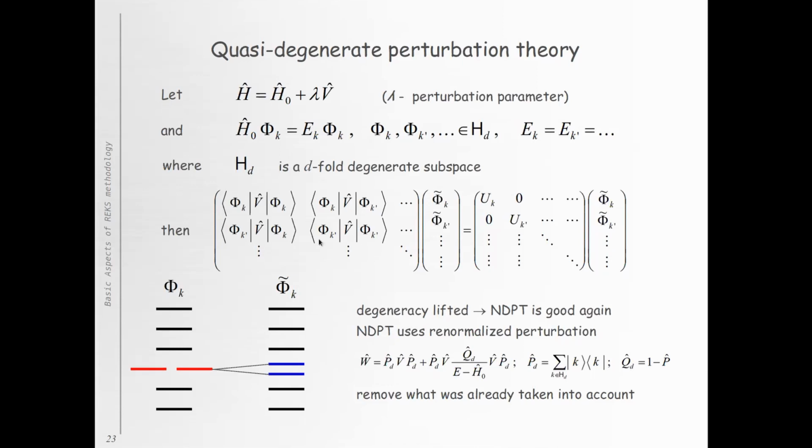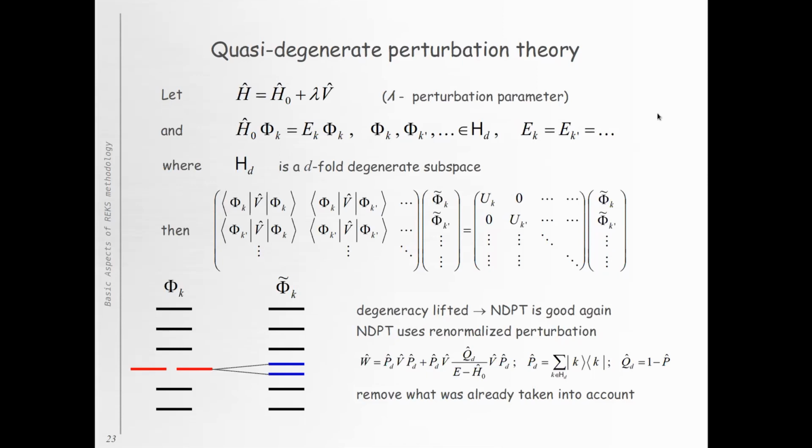Right, so quasi-degenerate perturbation theory is based on a very simple concept. We build a Hamiltonian matrix involving only degenerate components of the approximate mean field wave function, diagonalize it, and obtain new functions using which we can now build a perturbational theory to describe the rest of the correlation energy.